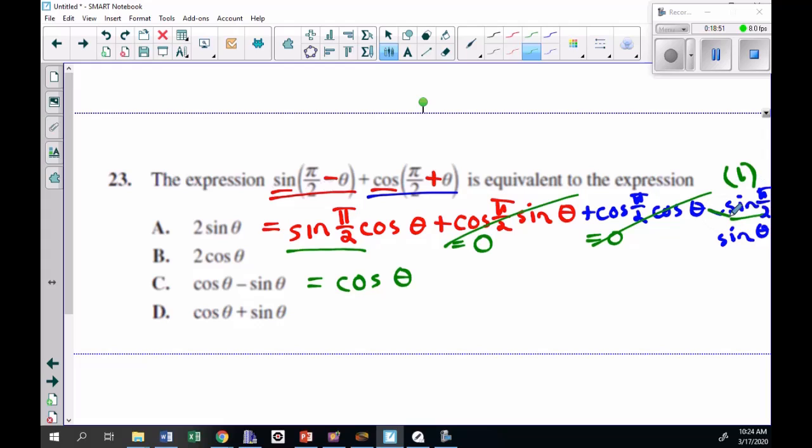There was a minus there. Double check. Yeah, there was a minus there. So then I'm going to have minus sine theta. And so this question that looks quite difficult has some really nice cancellation. You're going to get cos theta minus sine theta, which is C. All right, thank you guys.